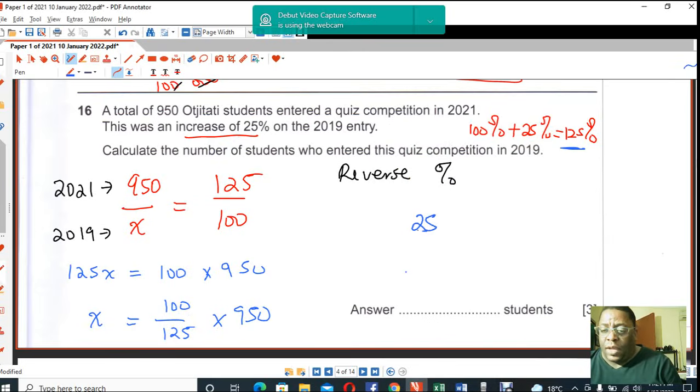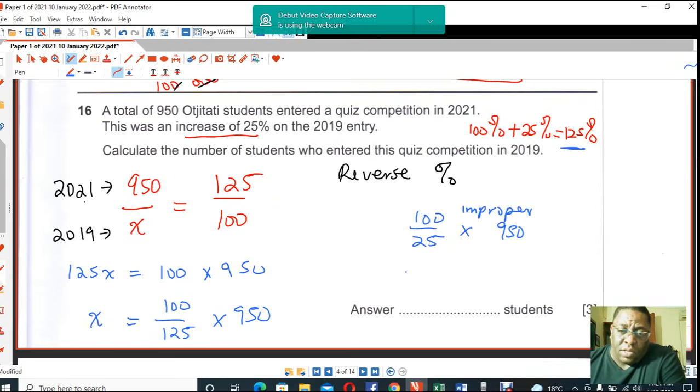Anything that you multiply by an improper fraction becomes big. And that's not what we're looking for, because the scenario says that this number in 2021 is an increase, so it must be more than whatever is under.